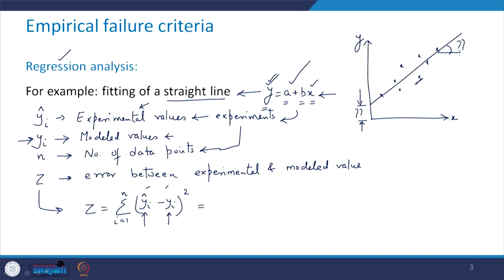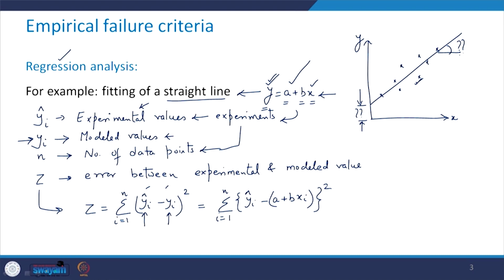Now just substitute the modeled value. What we get is summation i equal to 1 to n of yi cap minus a plus b xi, whole square.